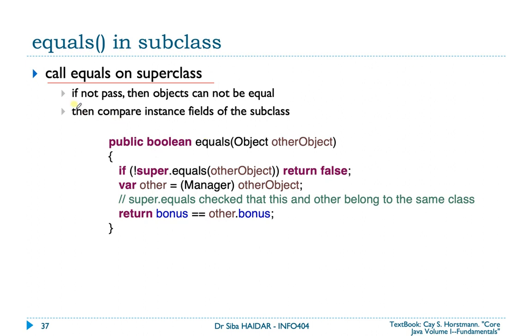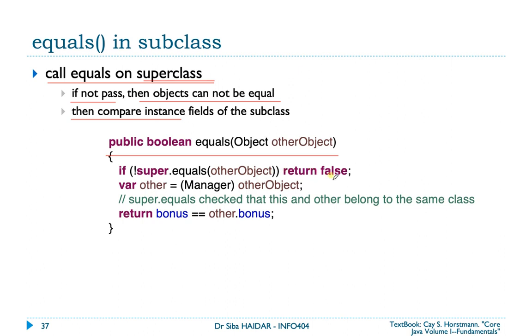If they are not equal on the superclass, the objects cannot be equal. If they are considered equal by the method of the superclass, then you can add additional conditions to consider them equal in this subclass. Example: public boolean equals(Object otherObject). If not super.equals(otherObject), return false.